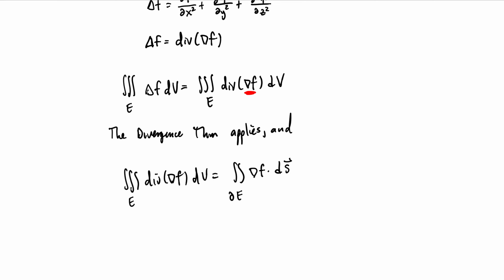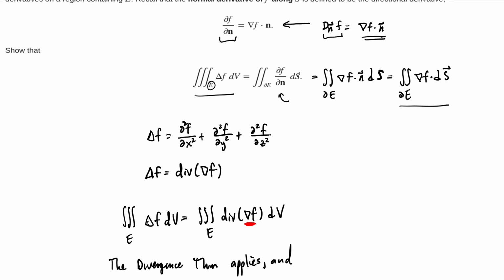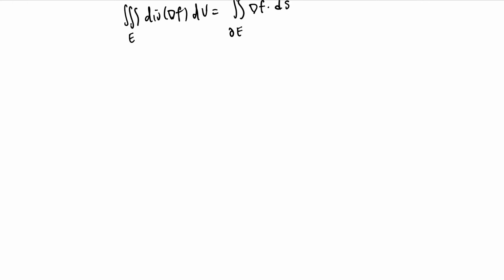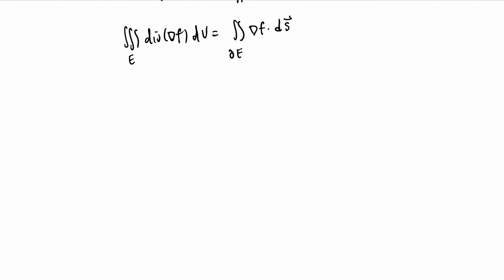But look at that. That is exactly what we've unpacked up here as the right-hand side of our equivalence. So I'm just going to rewrite where it came from, which is that this is equal to the double integral around the boundary of this normal derivative, different notations for this, but the normal derivative along the surface.